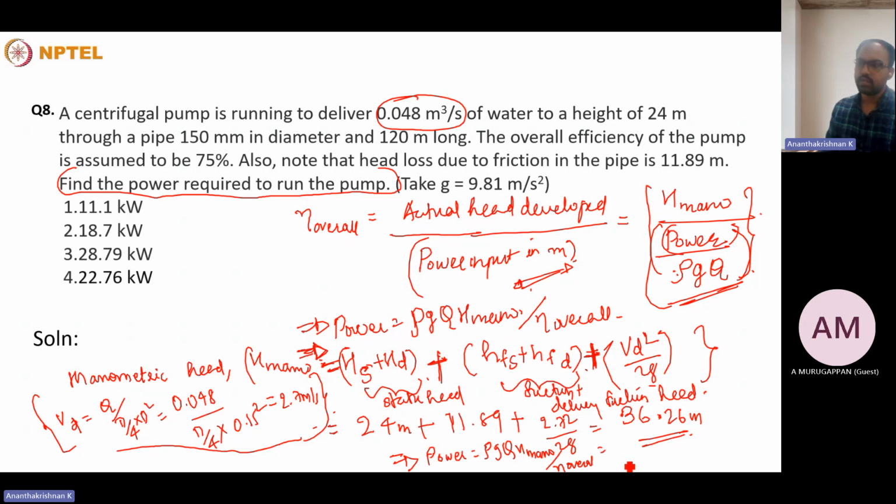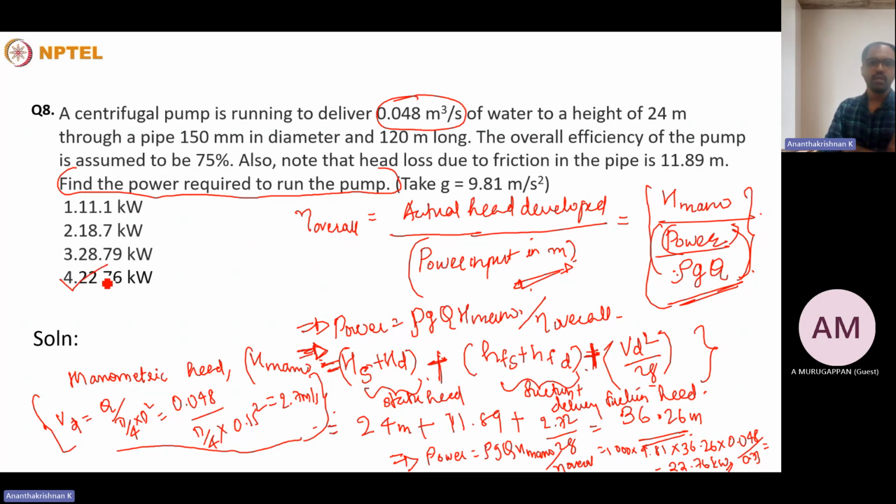The density in this problem is 1000, g is 9.81, manometric head is 36.26, discharge is 0.048, divided by 0.75. That comes around 22,760 watt, which in kilowatt is 22.76 kilowatt. So the answer to this problem is 22.76 kilowatt.